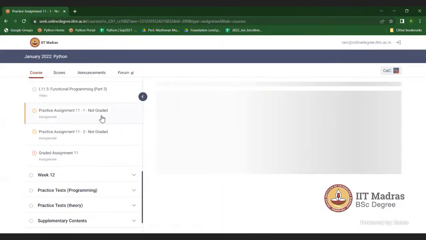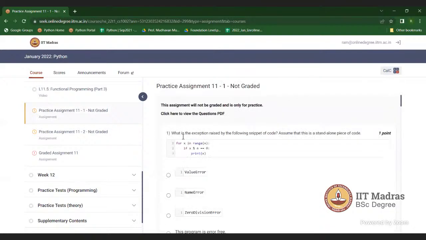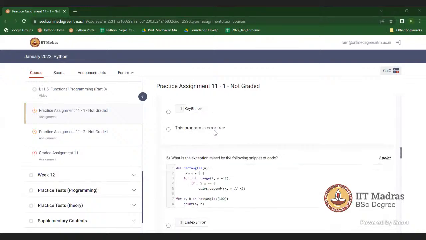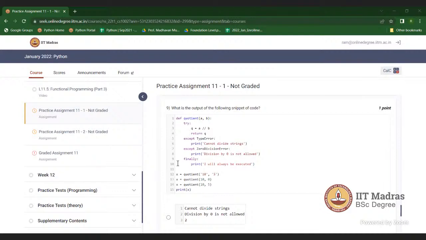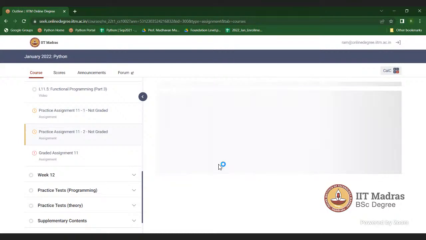We have two practice assignments, 1 and 2. Question number 9 in practice assignment 2.